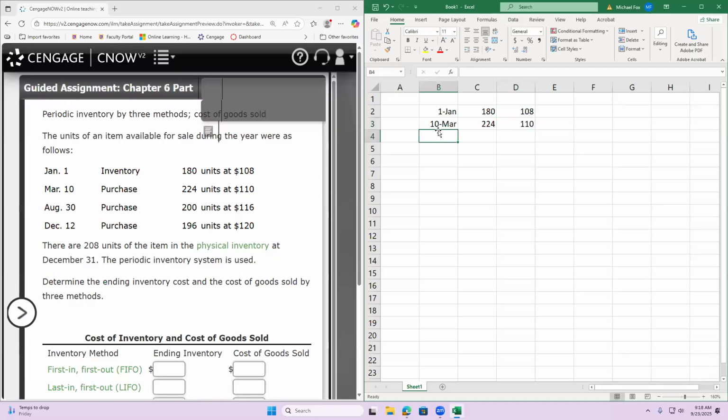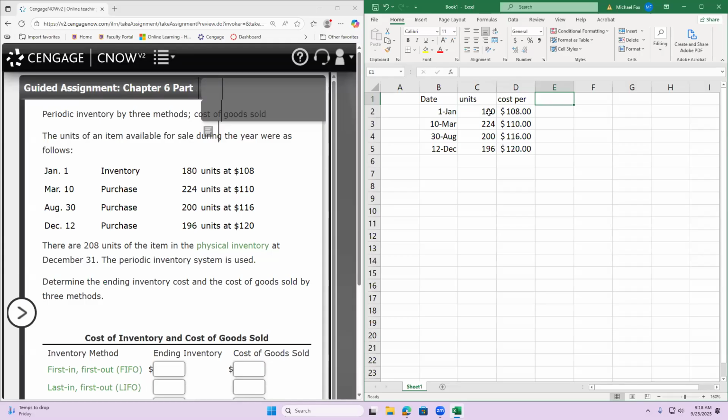So I'm just recopying down the information from the problem right now. August 30th, bought 200 more units at 116. And on December 12th, I purchased 196 units at $120. So that'll be date, that'll be units, and that'll be cost per unit.